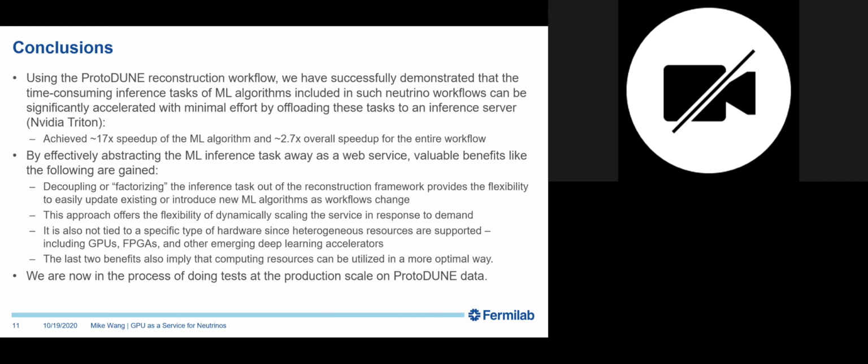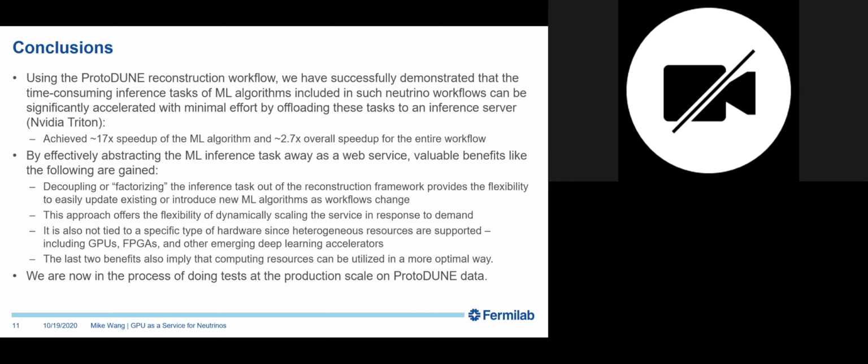By doing so, we also get other benefits for free, such as the flexibility to easily update existing or introduce new machine learning algorithms as workflows change. You also have the flexibility of dynamically scaling the service in response to demand. You're also not tied to any particular type of hardware, since in principle, you can implement different types of hardware behind the server. So these last two benefits also imply that computing resources can be utilized in a more optimal way.